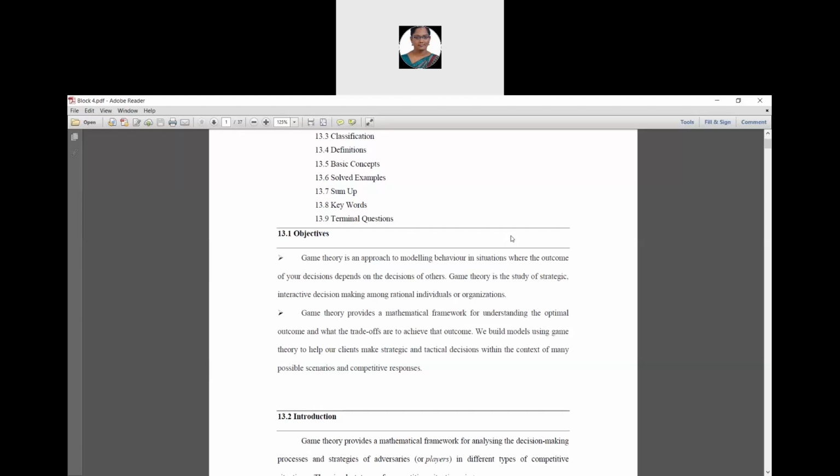It provides a mathematical framework for understanding the optimal outcome and what the trade offs are to achieve that outcome. We build models using game theory to help our clients make strategic and tactical decisions within the context of many possible scenarios and competitive responses.